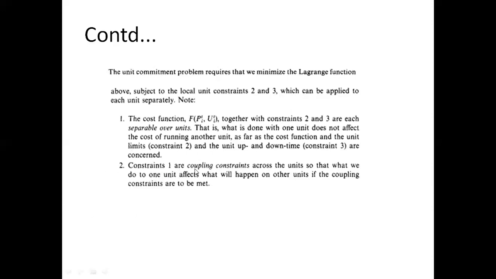Constraint 1 is the coupling constraint across the units that we have already seen, so what we do to one unit affects what will happen on the other units if the coupling constraints are unique. We will discuss a numerical problem in order to understand all those particular parameters.